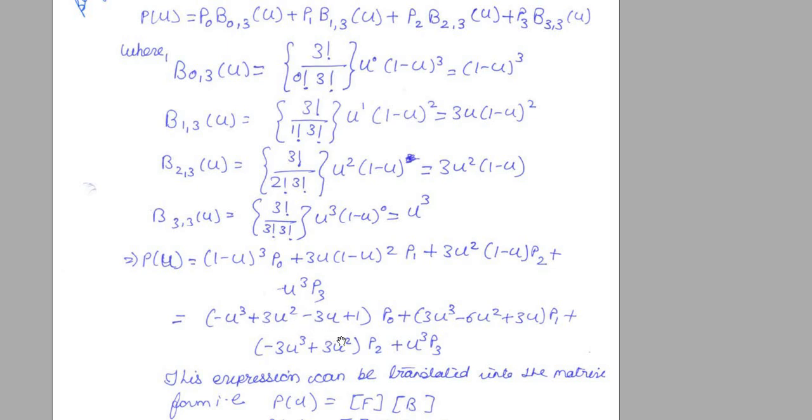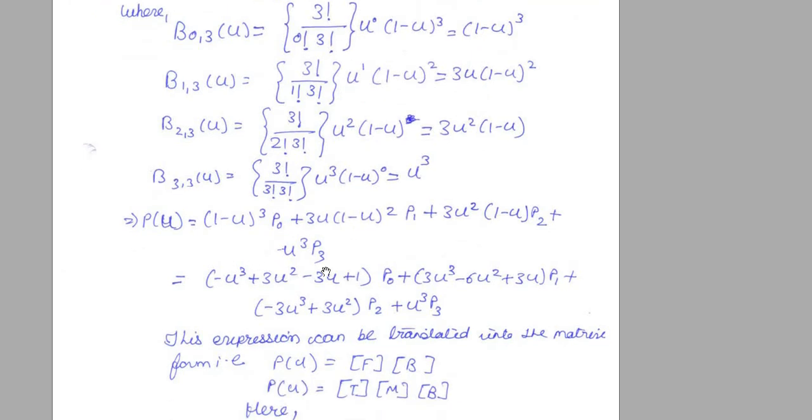Now if we take all the p0 terms and solve, we get minus u cube plus 3u square minus 3u plus 1 times p0. What is this p0, my dear students? The p0 will represent Px and Py in the case of two dimensions. In the case of three dimensions, P0 will have a Px value, Py value and Pz value.